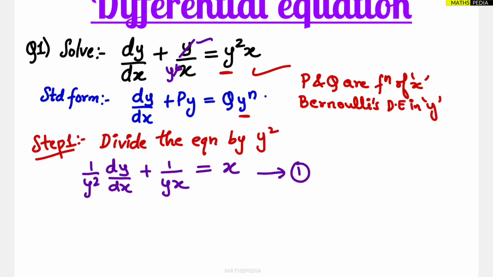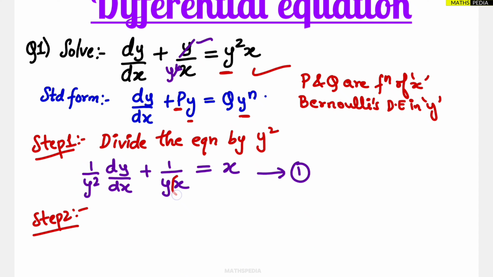Let us go for the second step. The second step says that whatever is beside p, you put it as the t variable. Some other person will be sitting beside p here. Who is that person? P in the sense function of x.